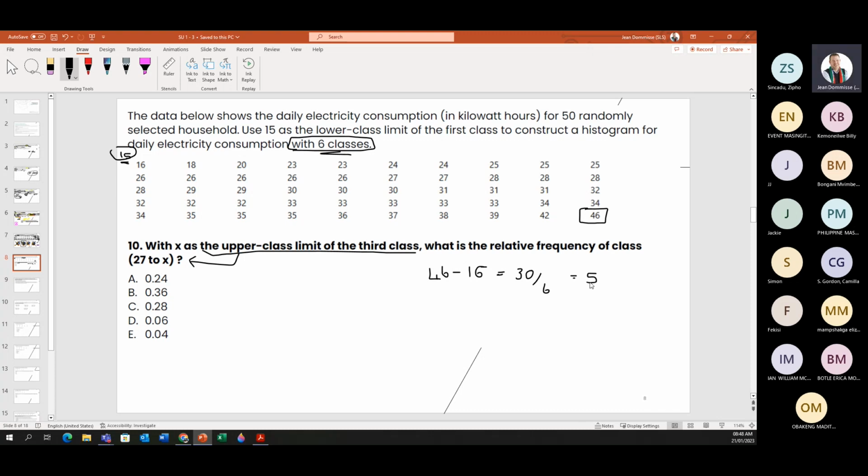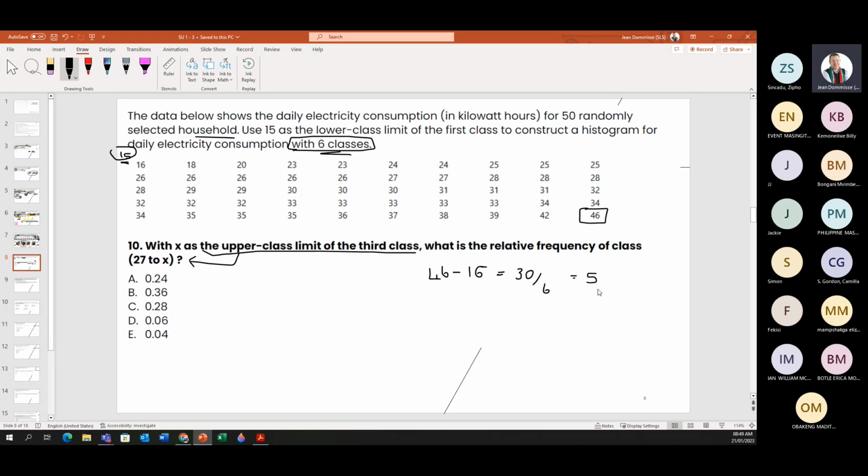That gives the number of households per class.